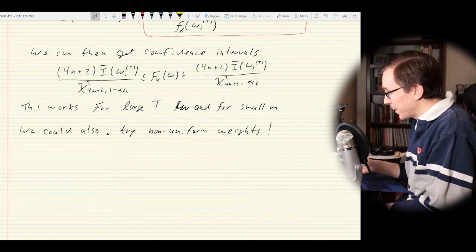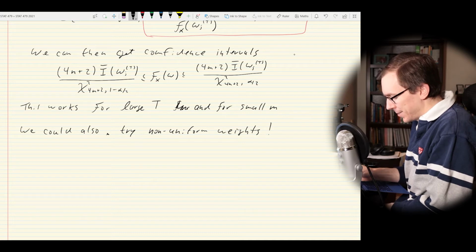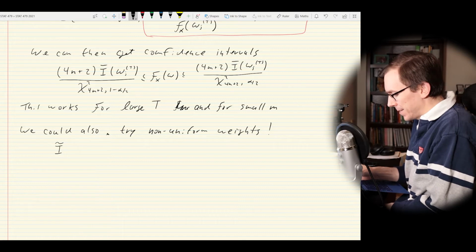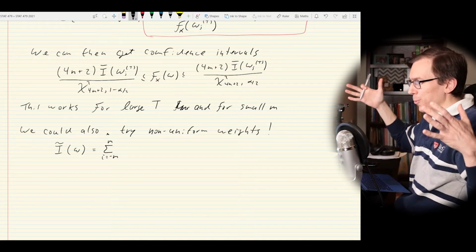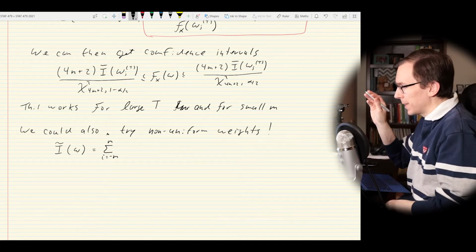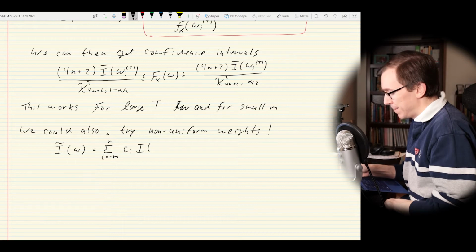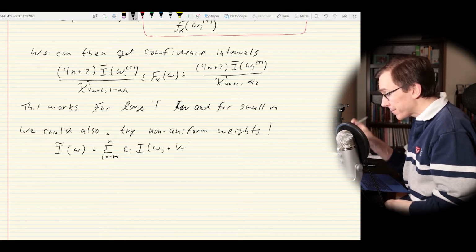So what that would look like, and I'm going to call this I tilde to indicate that it is a weighted estimate or averaging of the periodograms, is a sum over i from minus m to plus m. I'm still going to use the total width as 2m plus 1. But in this case, we multiply by c_i times our periodogram at omega_j plus i over t.